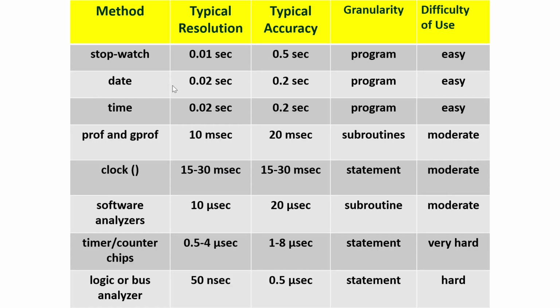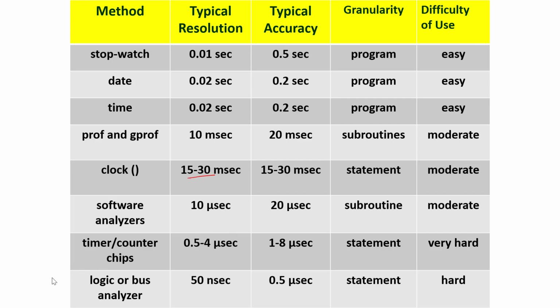So if we look at typical timing devices, stopwatches would have a resolution of, let's say, 10 milliseconds, and gradually the resolutions for others would keep going down, in the sense the basic system clock, 15 to 30 milliseconds, and any kind of a software clock where you would measure time by running instructions or something, that would be at the level of microseconds.